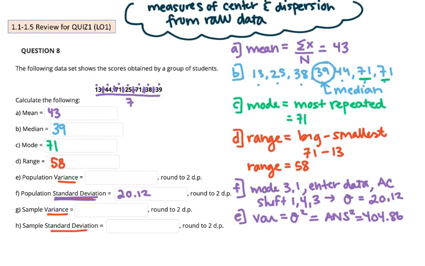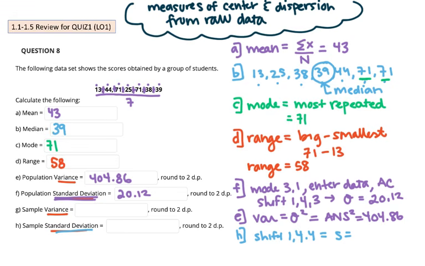Now we can do the same exact thing with sample standard deviation, and it will specify one way or the other in any question. So we're going to actually start with H. We'll do the sample standard deviation. Our data is already in there. You just do shift 1, 4. Now this time 4, the letter S. Okay, so we'll do shift 1, 4, 4. You get the sample standard deviation is close.